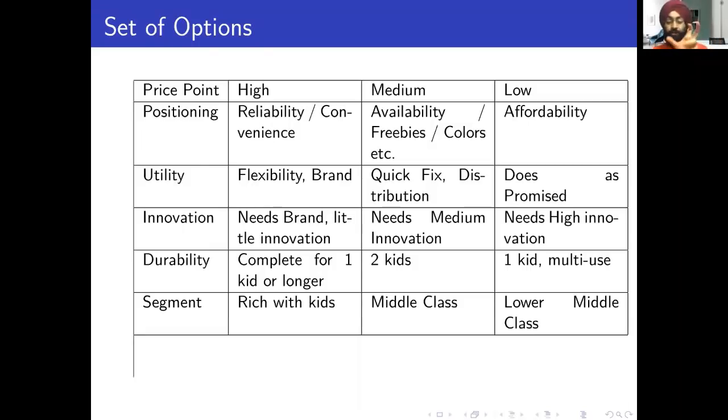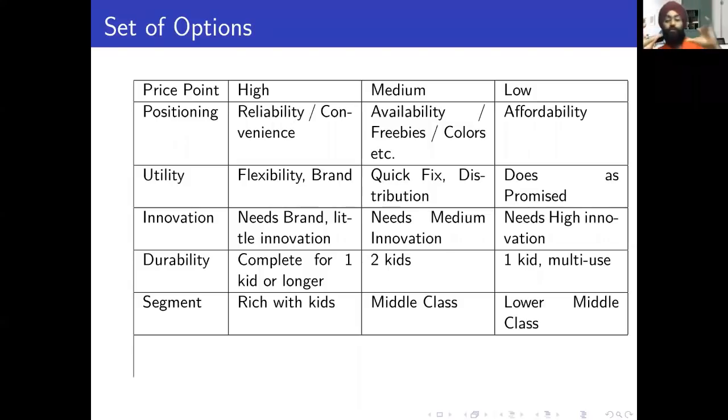If your price point is medium, then availability is very important. Distribution network is very important. For any B2C product, any business to consumer product, distribution is very important, right? You will have to, of course, give freebies, right? Free stuff is good. I will give you a subscription to a newspaper.